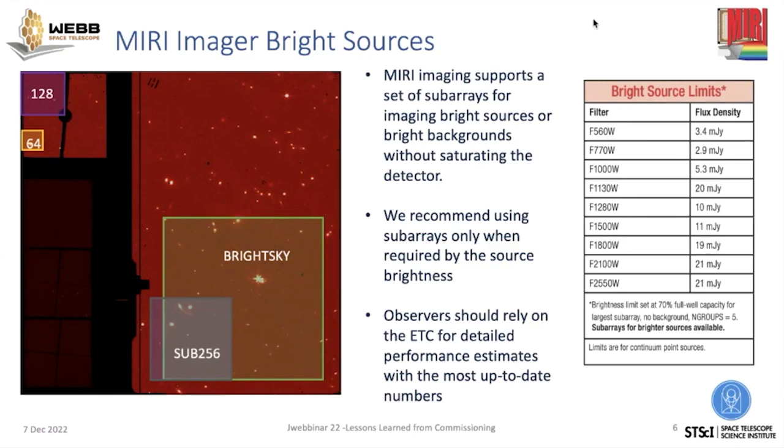You should always rely on the ETC for the most up-to-date numbers when you're planning your proposals and plugging everything in. Always look to the ETC for the most detailed estimates. That's updated regularly, and it has had a recent update and is ready for you to use.